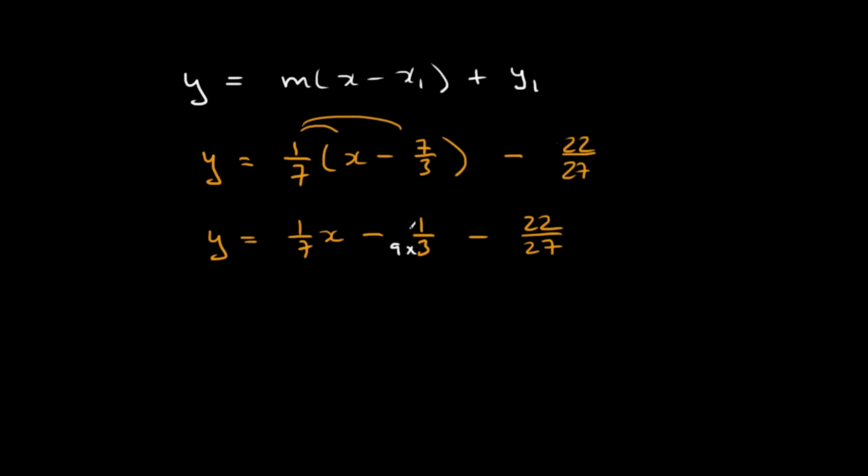Let's multiply top and bottom of that fraction by 9. And we'll have our second exact normal equation, with minus 9 minus 22, which is negative 31 all over 27. So we'll box this somewhat straight.